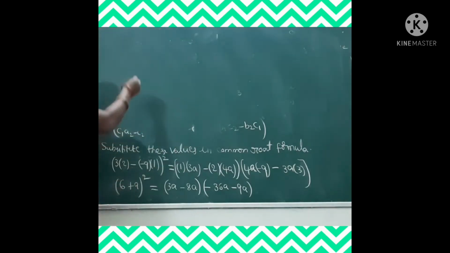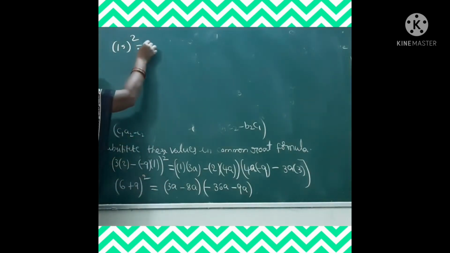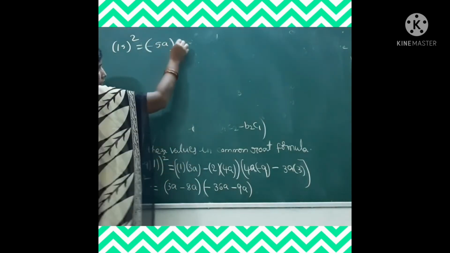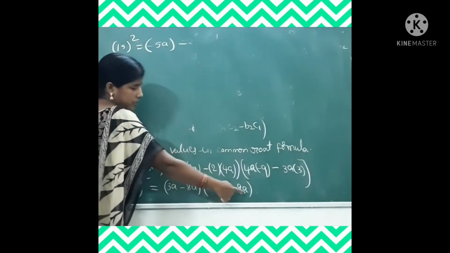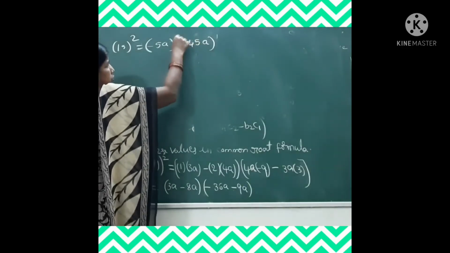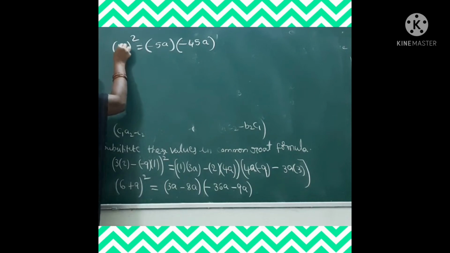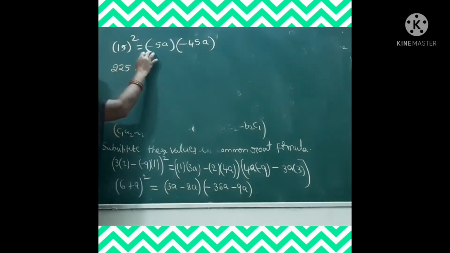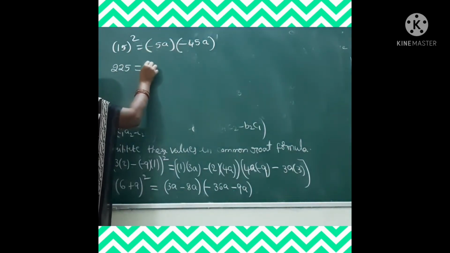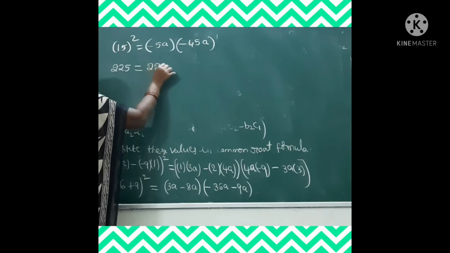See here, this one is 15 whole square is equal to 3A minus 8A means minus 5A into here minus 36A minus 9A. So we get minus 45A. Okay, here 15 whole square means 225. That is equal to minus into minus plus 45 into 5 means 225.